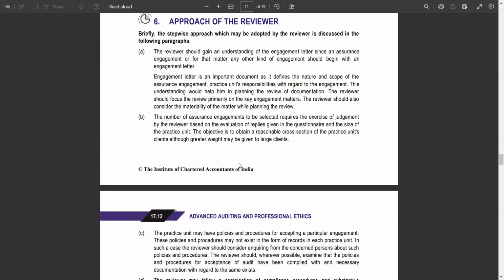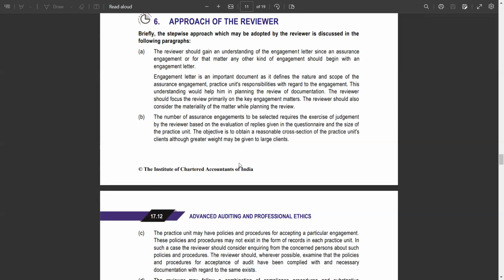This requires your professional judgment, based on the replies given by the practicing unit in the questionnaire and the size of the practicing unit. After that, when you have selected the assurance engagement and gained the understanding of the engagement letter, you will move on to the next step.